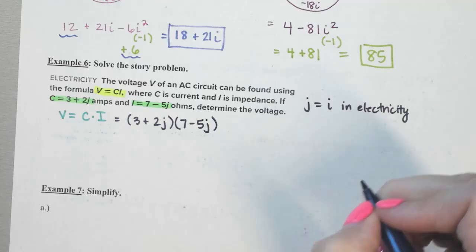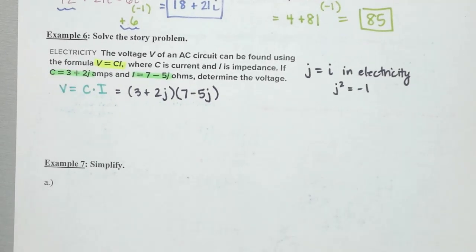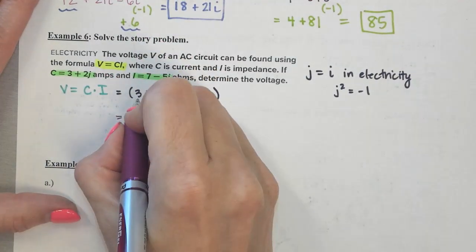Okay, so if you have j squared, we're going to plug in negative 1 for that. Okay, so I want you to go ahead and multiply those together.